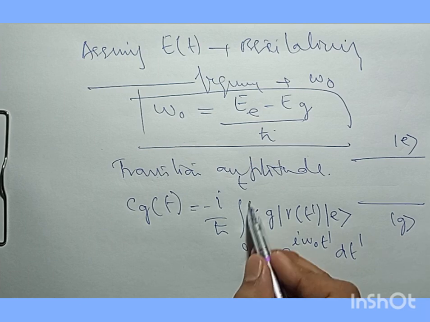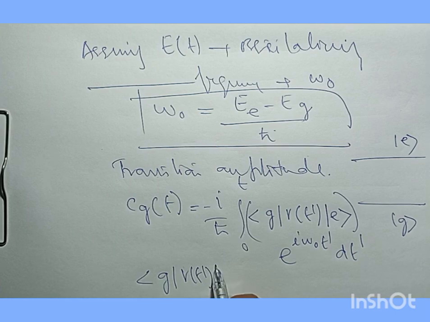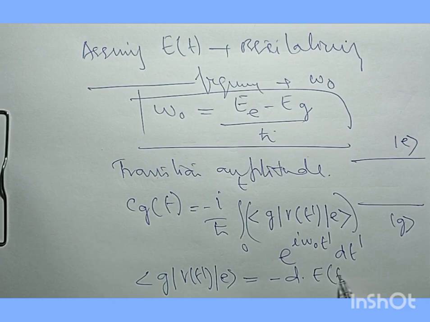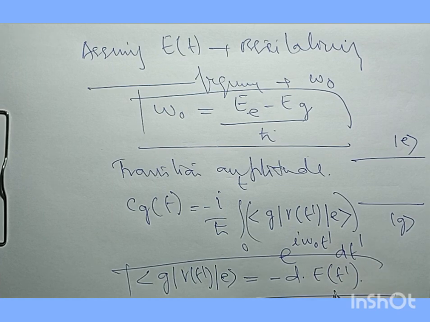And here this matrix element, V of t dash between G and E, is minus d dot E of t dash. And this E of t dash is oscillatory in nature.